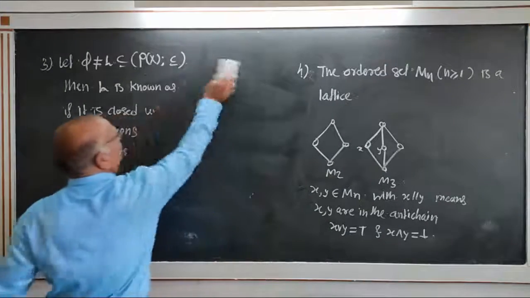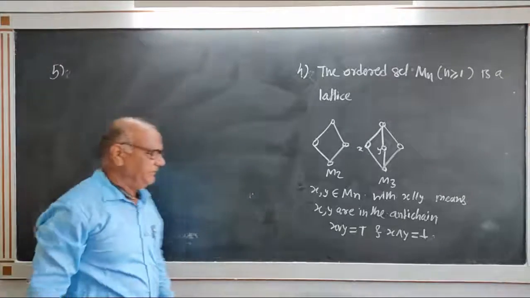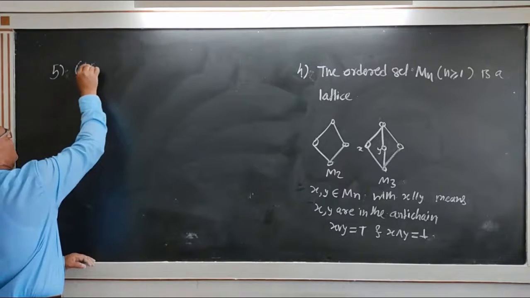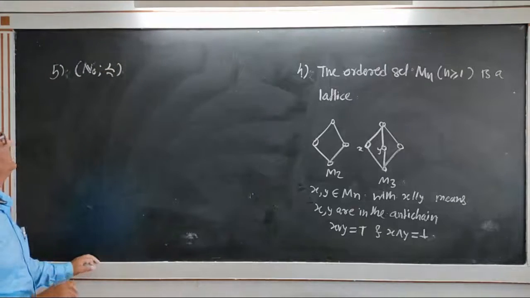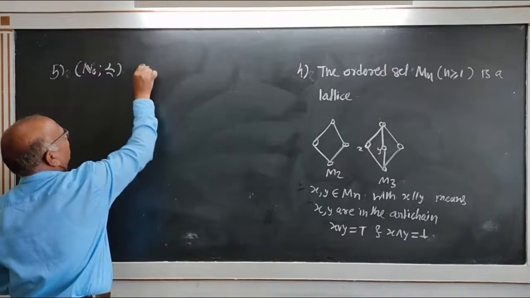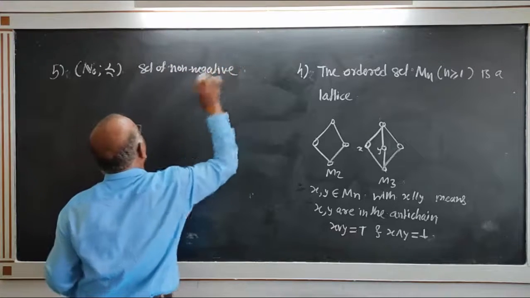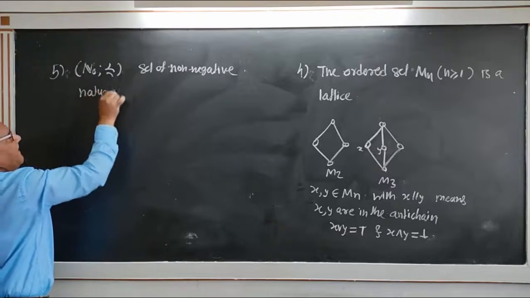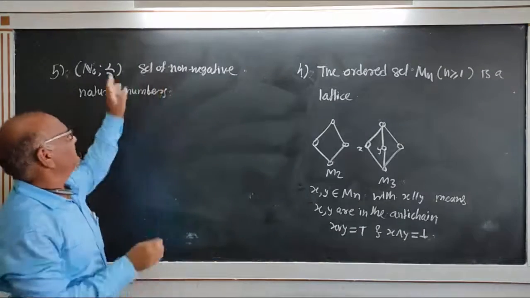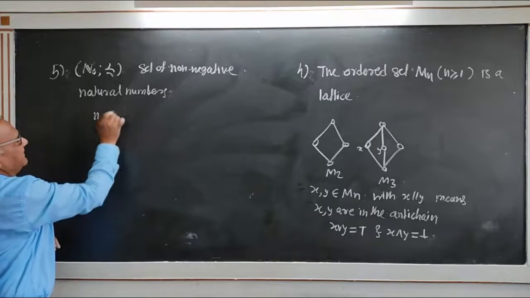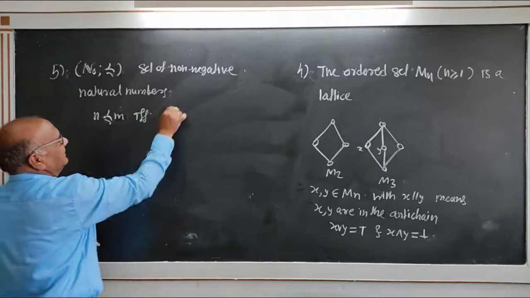Now, another example, the fifth. Here N_0 with the division relation, where N_0 is the set of non-zero natural numbers, and the relation means n is related to m if and only if n divides m.